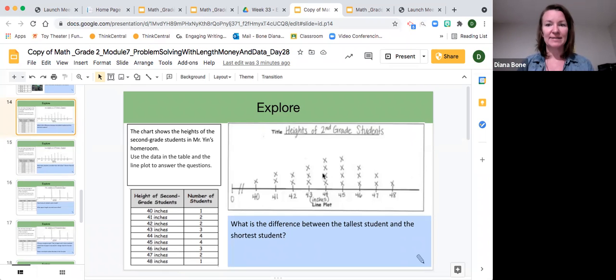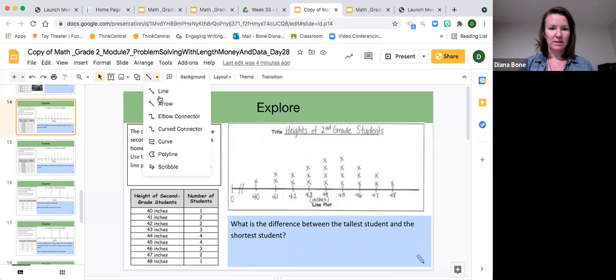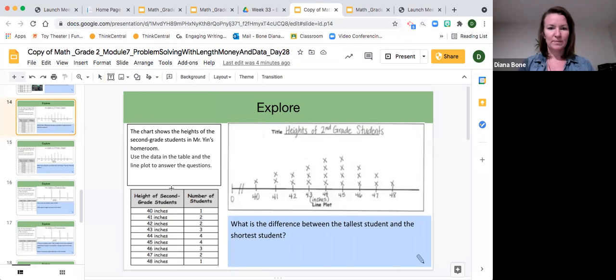And that is making sure to understand the two pieces of data that are being displayed. Let me just show you what I mean by that. Let's use my scribble tool and look at our data table.